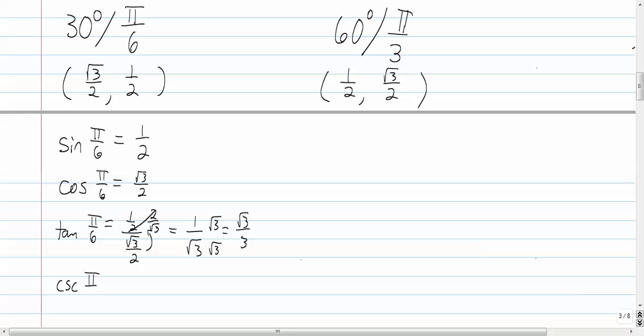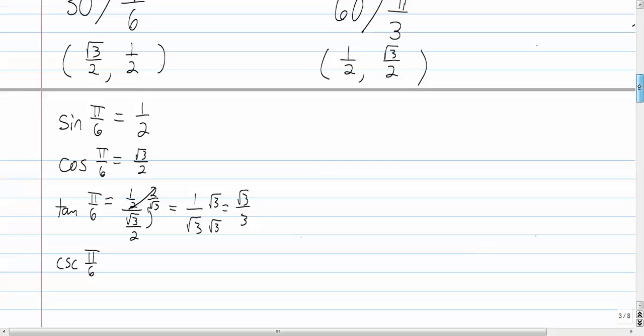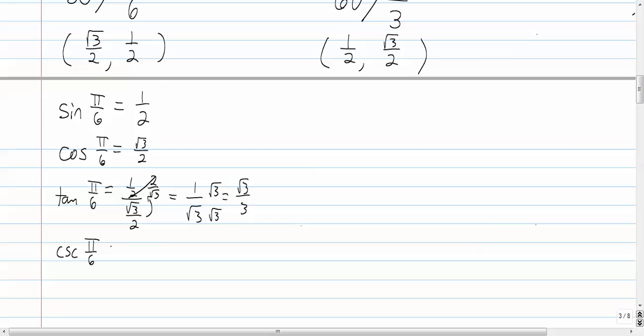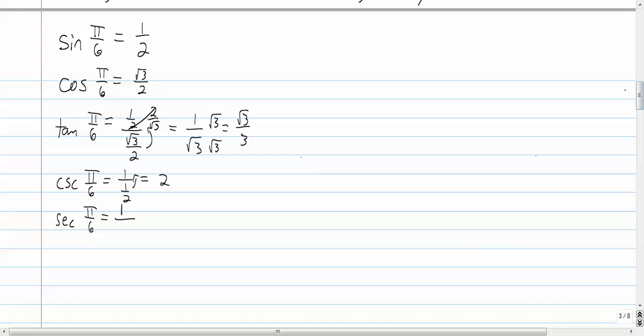Cosecant of 30 degrees, or pi over 6, that's going to be 1 divided by the y coordinate. So 1 divided by 1/2. Flip and multiply, and you get a 2. The secant of pi over 6 is 1 divided by the x coordinate. And the x coordinate is square root of 3 over 2.